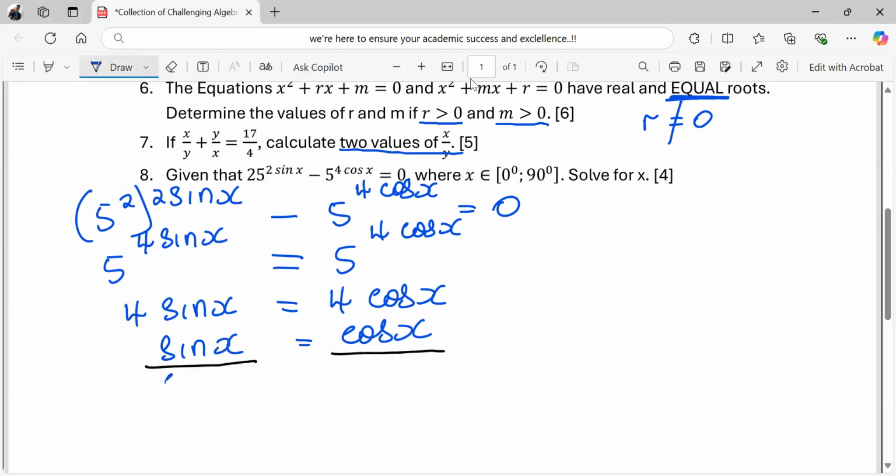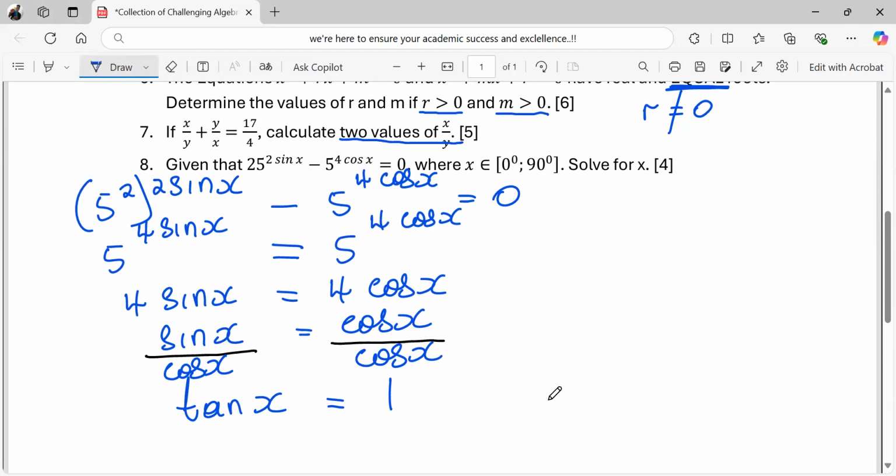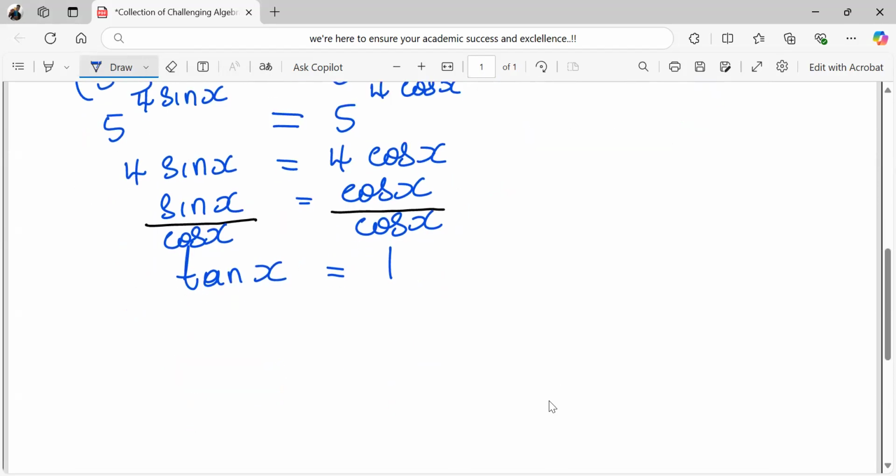Why? Because we understand that sine over cosine will actually give us tangent. All right? And cosine over cosine, we get a solid 1. So now we have reduced it to a single trigonometric function.